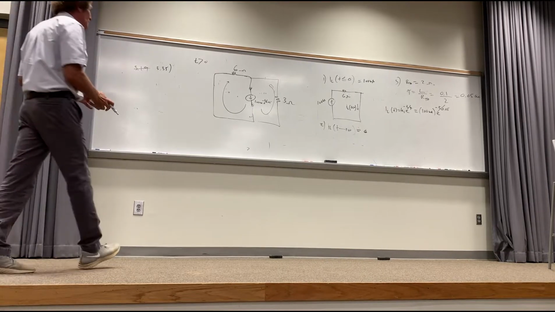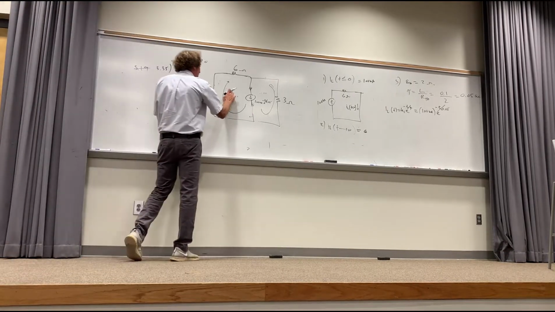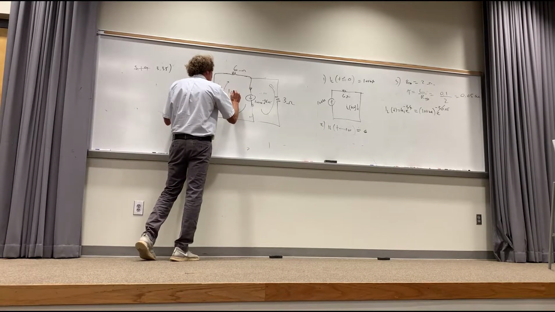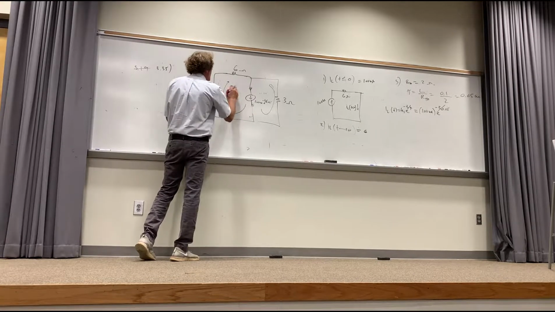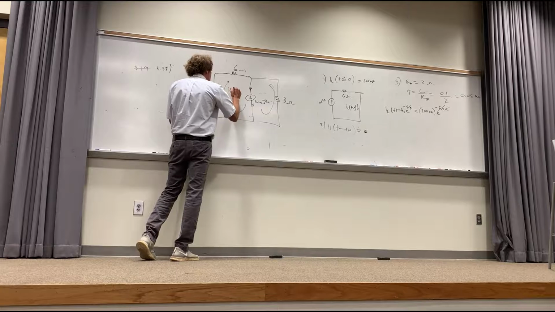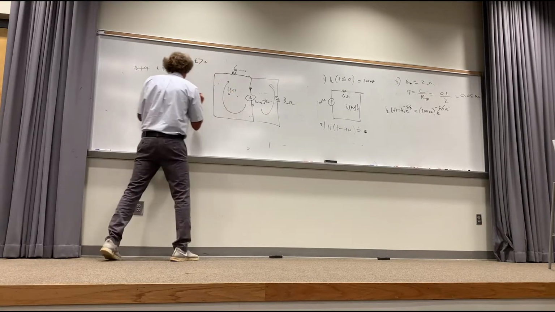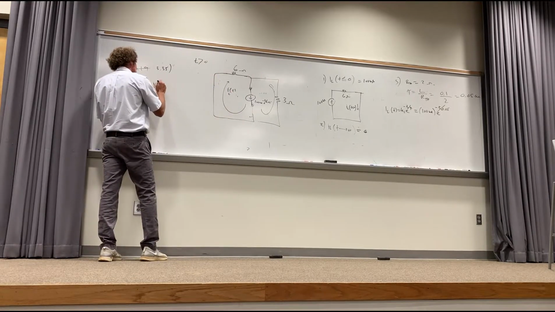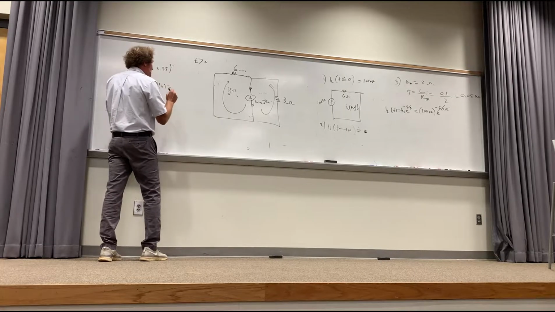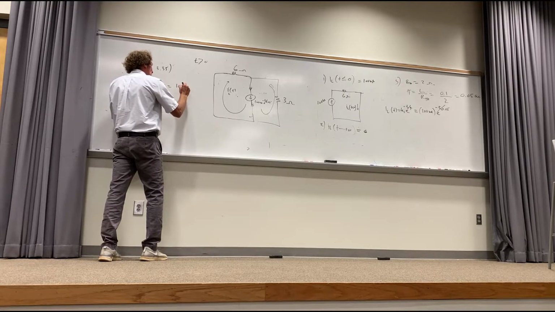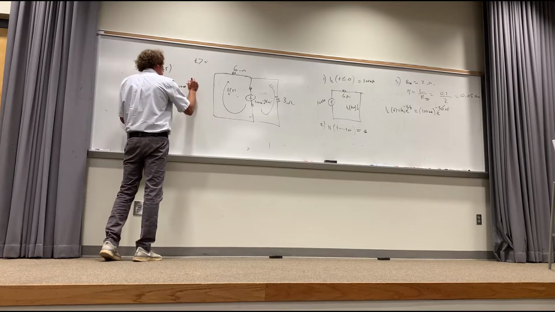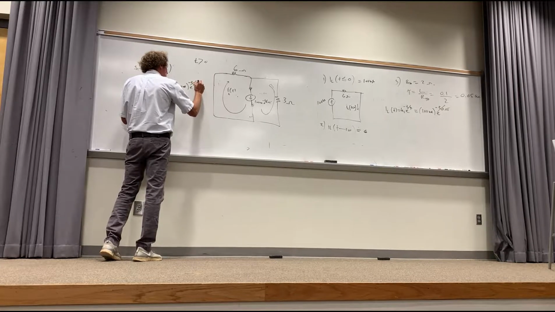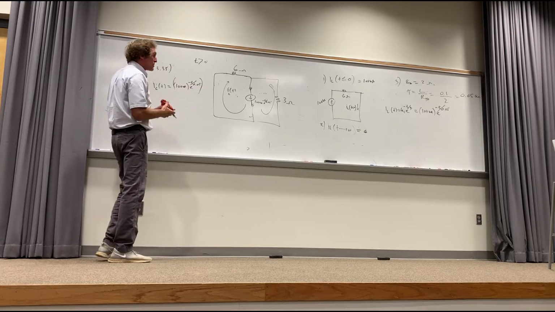I can say the current going this way, I'll call it I6, 6 ohms I mean, I of t sub 6, is equal to the source current, or 100 milliamps, e to the minus t over 0.05, and then you take that and use current division.